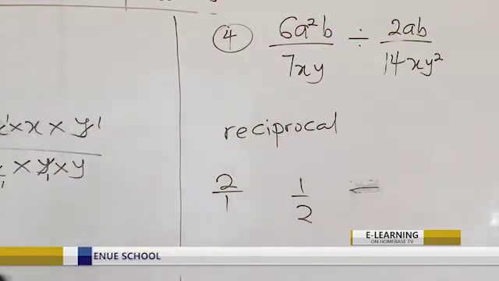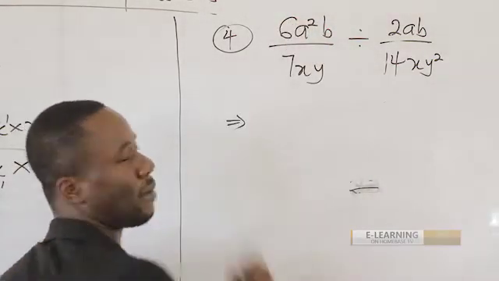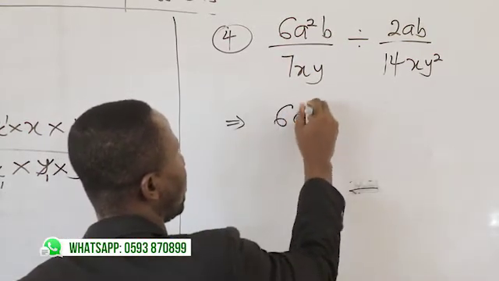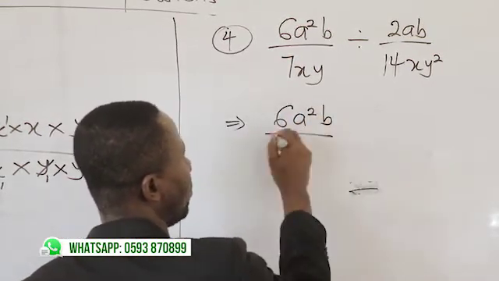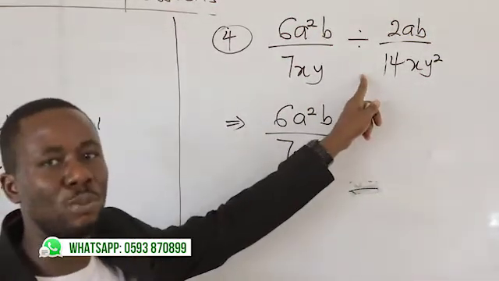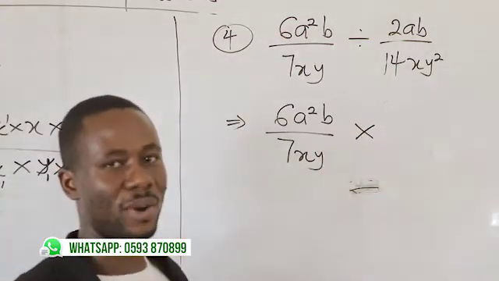So let's move on. So I'll start by writing the first or the left fraction. Then I'll change the division to multiplication, as you're already aware.